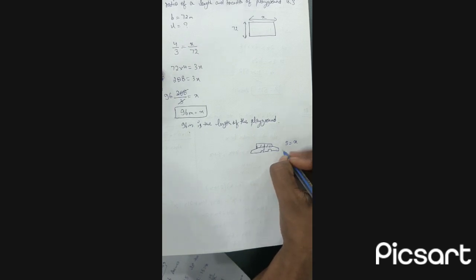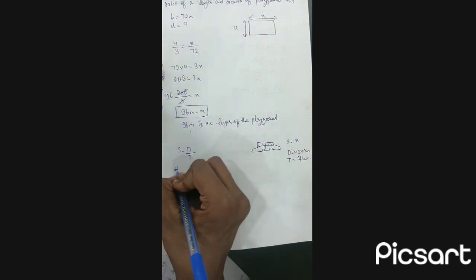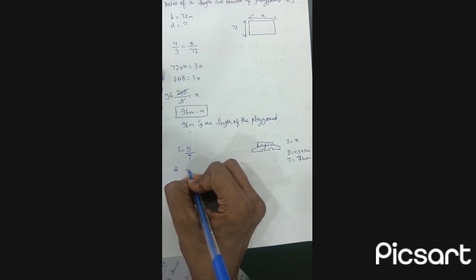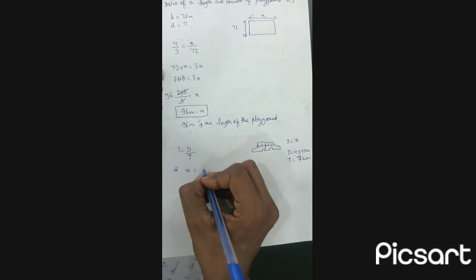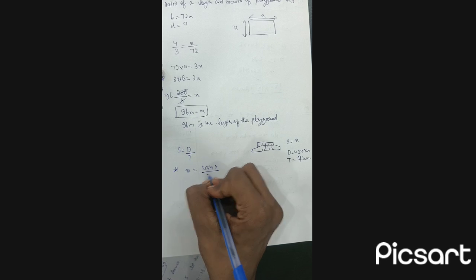It is covering a distance of 434 kilometers, and the time it is taking is 7 hours. In the normal formula, speed is equal to distance upon time. Speed is not known, that is x, and distance is 434 kilometers upon time, 7 hours.